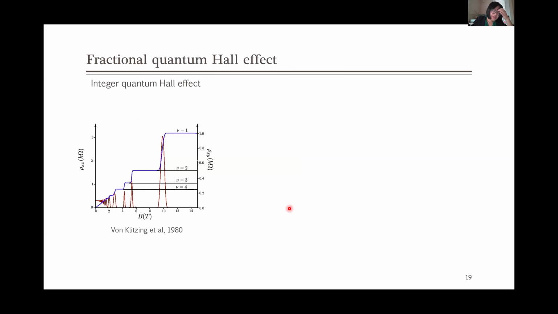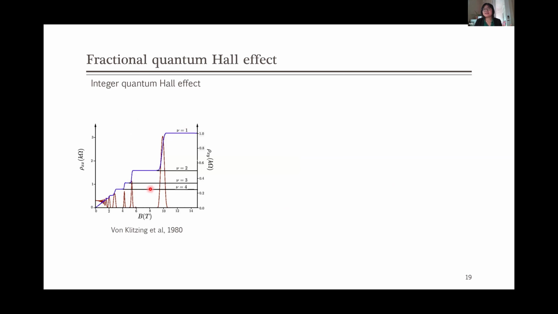Okay, so I will proceed to part B, a different thing that we sense in a similar material system. That starts with a recap of the fractional quantum Hall effect. The integer quantum Hall effect describes when you put on 4 leads and measure a two-dimensional electron gas subject to a large magnetic field.